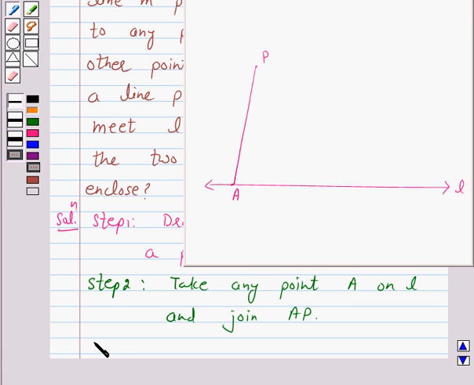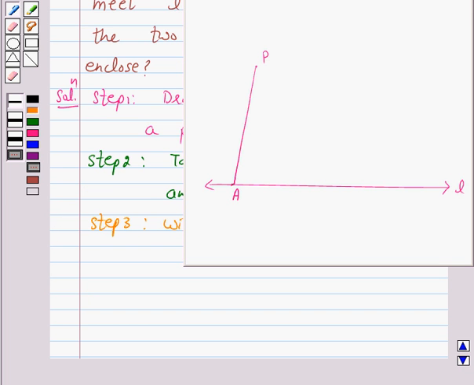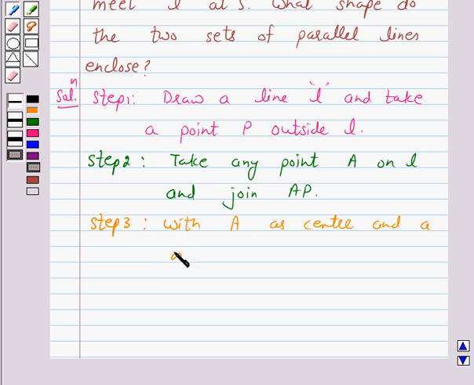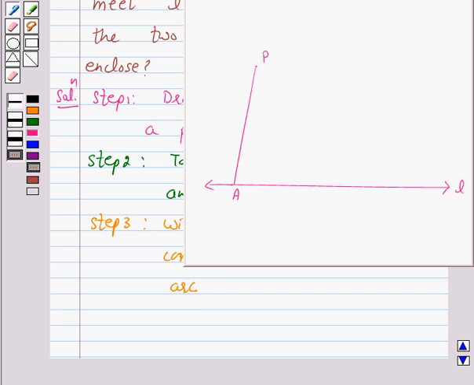Now our next step is, with A as center and with convenient radius draw an arc cutting L at B and AP at C.